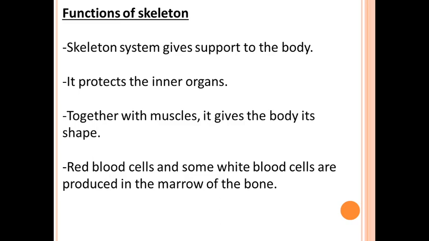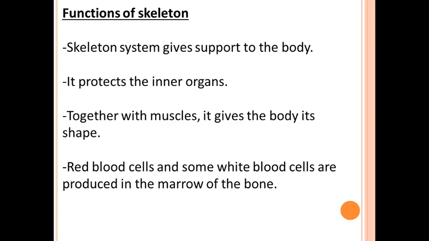Understood? So your skeleton provides this framework and holds you upright. Now you can walk, stand, sit and sleep only because the skeleton gives support to your body. Understood the first function?